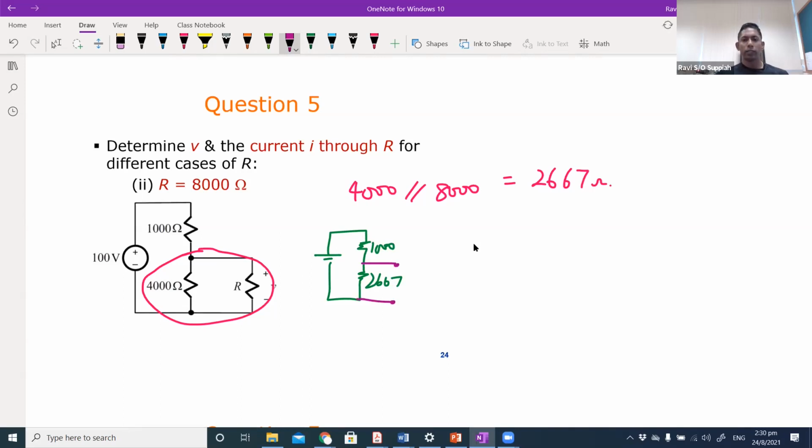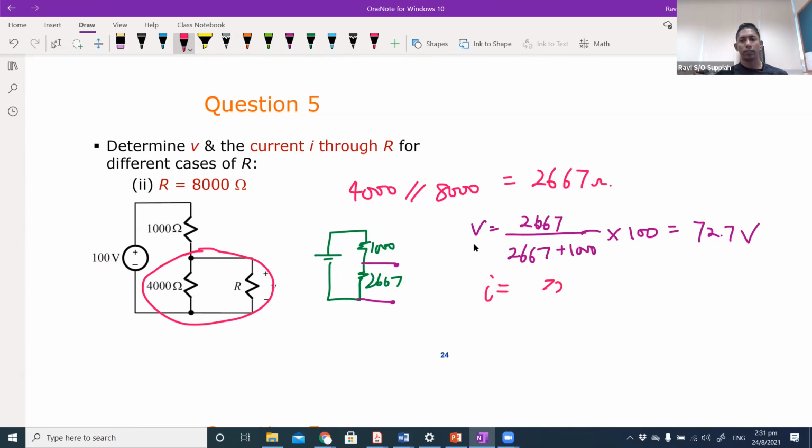And what you want is to find this voltage. So the voltage here would be, again, using the voltage divider rule. And the current through the load will be the voltage over the resistance, 72.7 over 8,000.